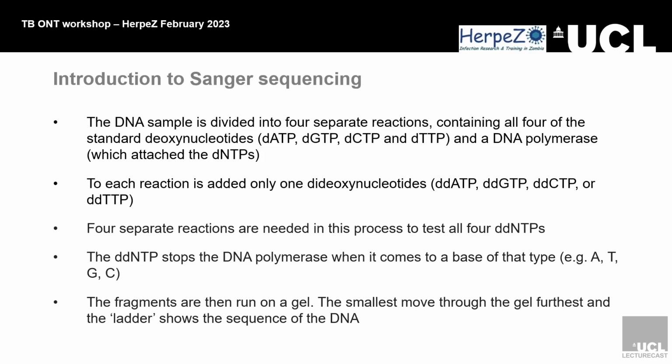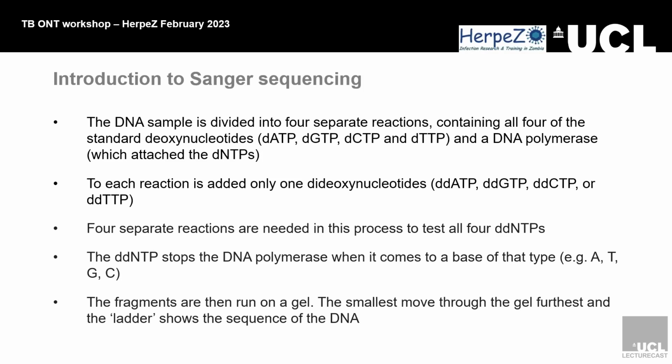Because the ddNTPs fluoresce, that fluorescence is detected. So you have your 2 base pair fragments, 3 base pair fragments, and all of these will then be taken through capillary electrophoresis.